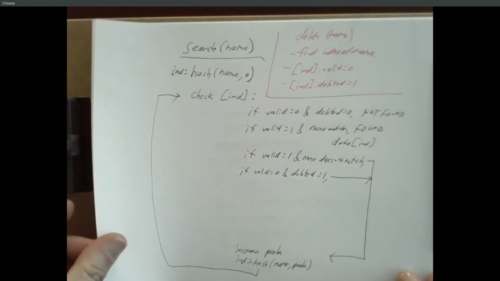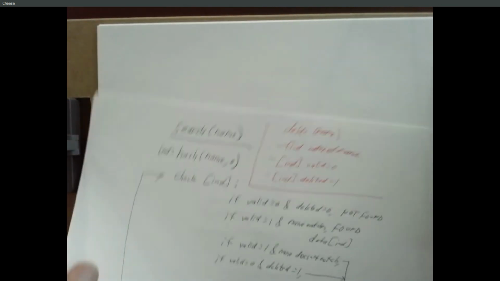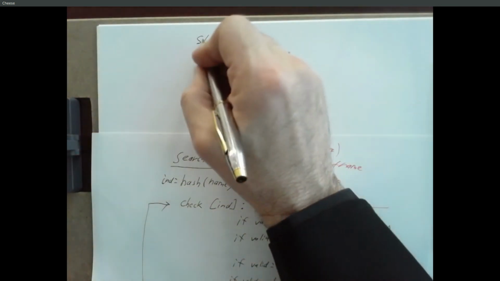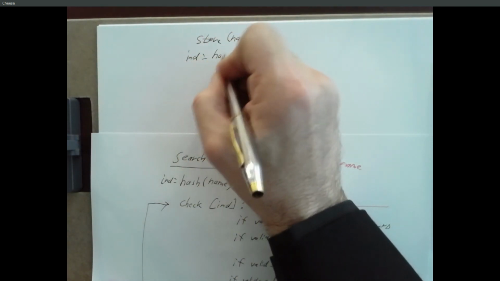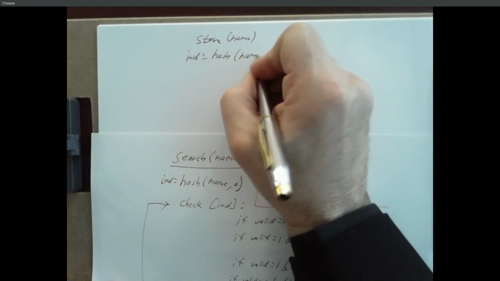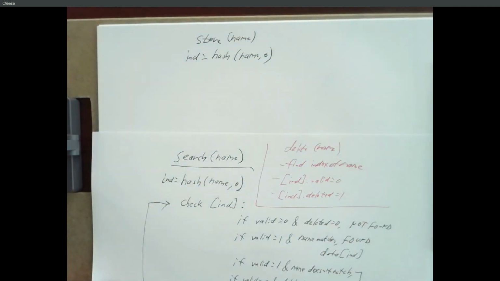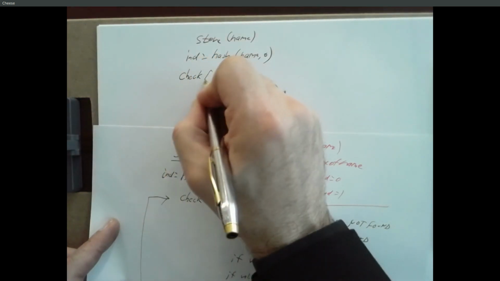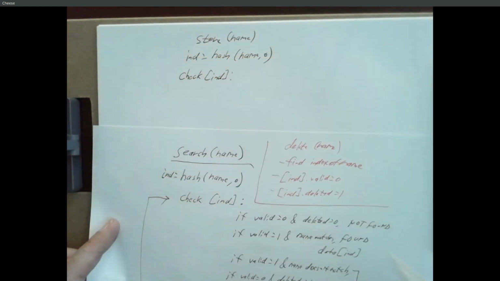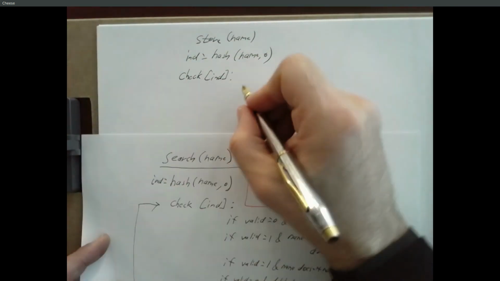So let's redo the store algorithm in this style. So, storing a name. Go ahead and hash it to an integer. Check that entry in the array.